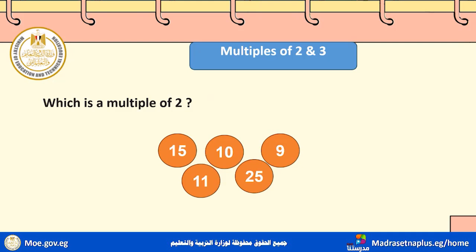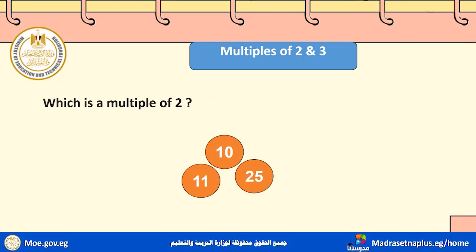So is 15 a multiple of 2? Is 11 a multiple of 2? What about 10? Is 25 a multiple of 2? Let's get the right answer. Oh, we cancel 9. So 9 is not a multiple of 2. We cancel 15. That means 15 isn't a multiple of 2.